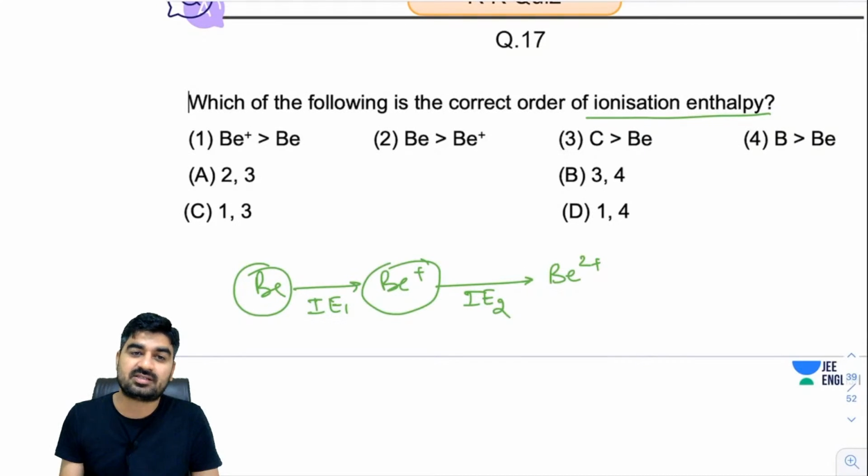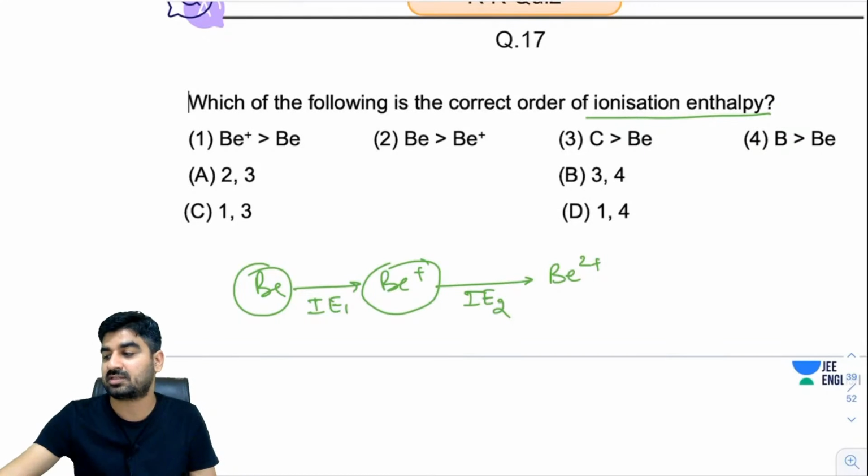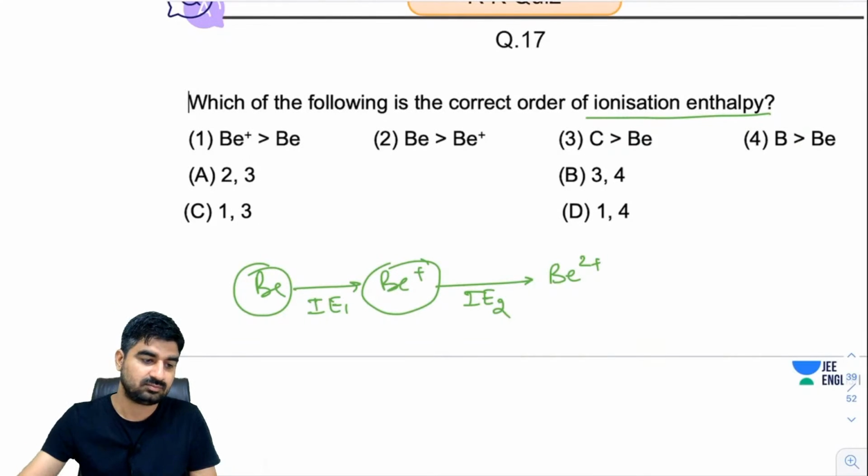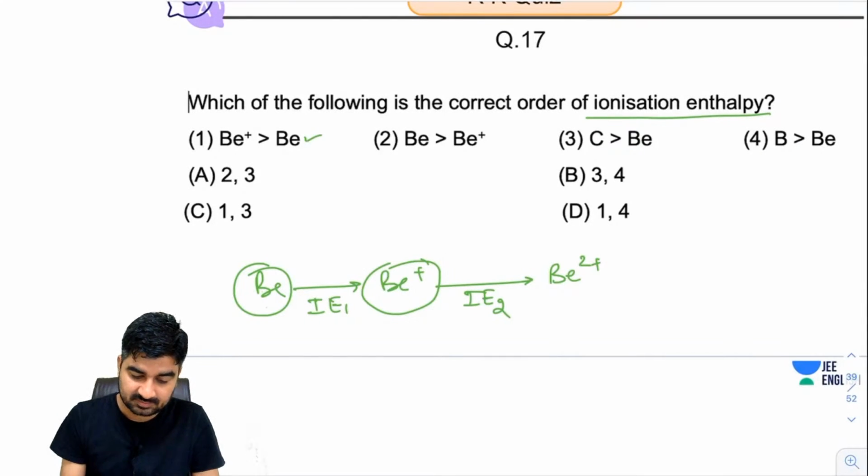Because it is the second ionization enthalpy. Successive ionization enthalpy increases. I hope you got my point. So this one is right. Be and B plus will be more, so it is wrong.